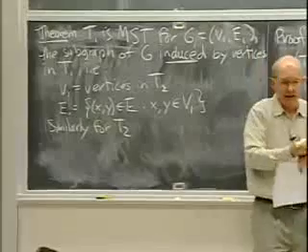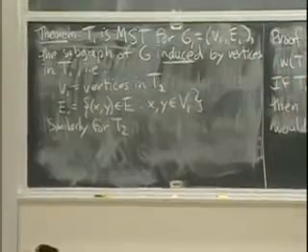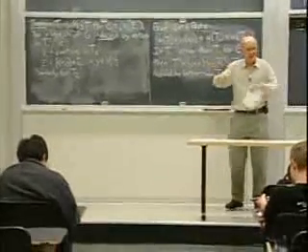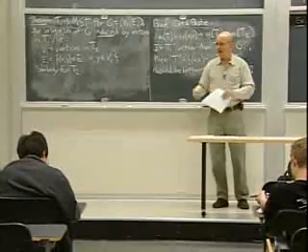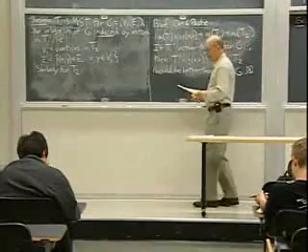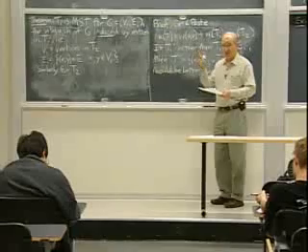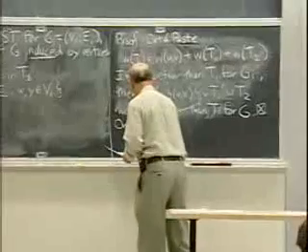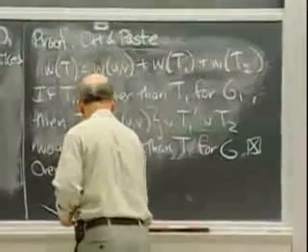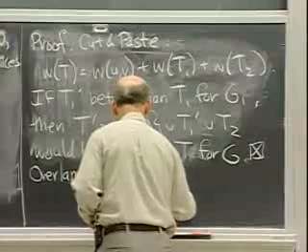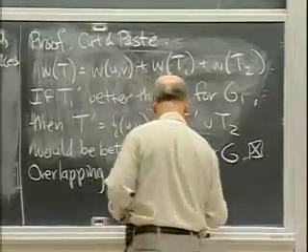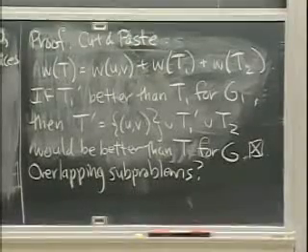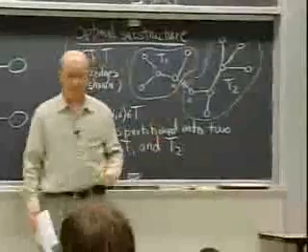If I have a globally optimal solution to the whole problem, within it I can find optimal solutions to subproblems. Now that's one hallmark of dynamic programming. What about overlapping subproblems? Do I have overlapping subproblems over here for this type of problem?